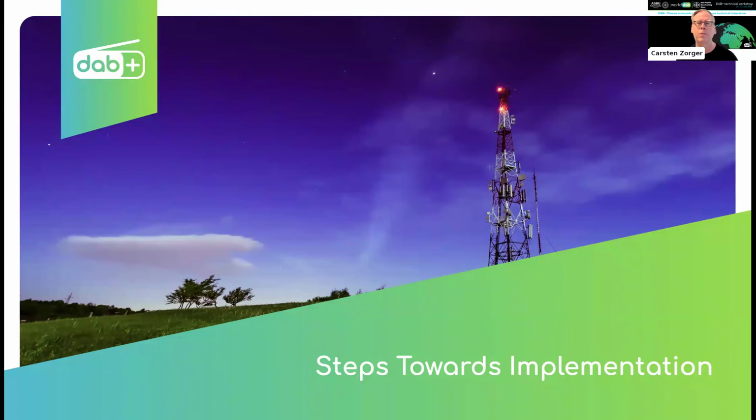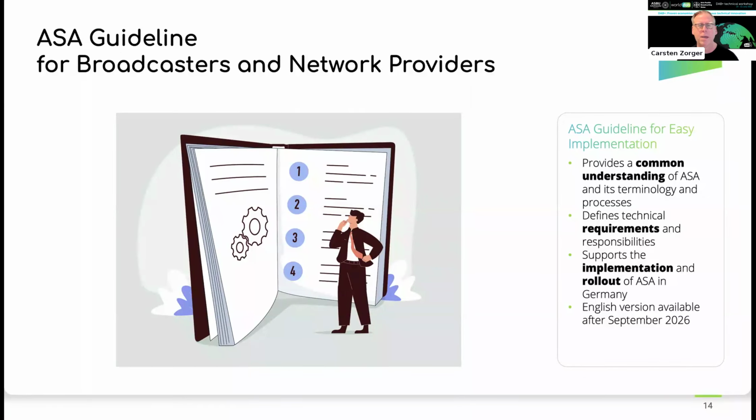Now we're getting into more detail regarding implementation of ASA in Germany. We are being German, and people talk and people write, so we came up with an ASA guideline. It's about 50 pages, and it'll be available in English in the fall. Now it's German only. And we have 3 certain focus points.